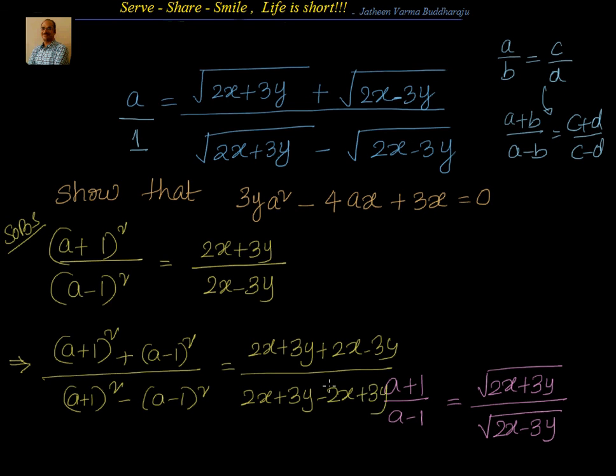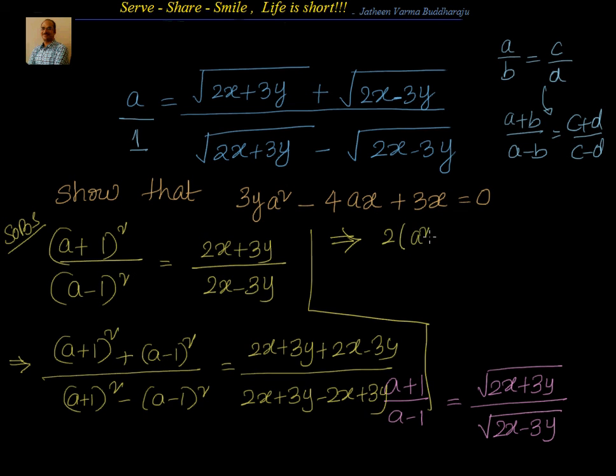So the next step will be, a plus 1 whole square plus a minus 1 whole square is of the form a plus b whole square plus a minus b whole square, which is nothing but 2 into a square plus b square.